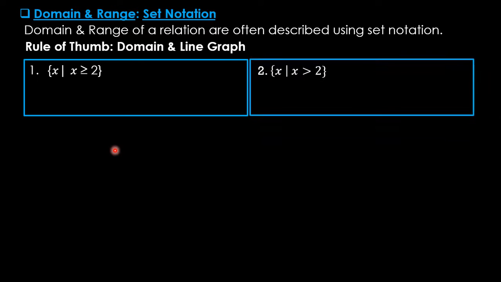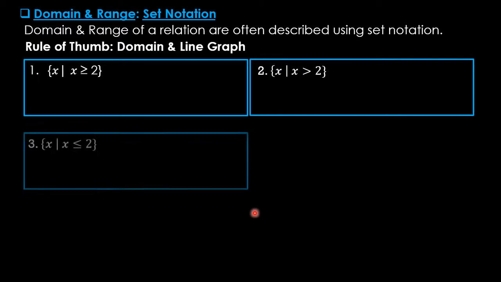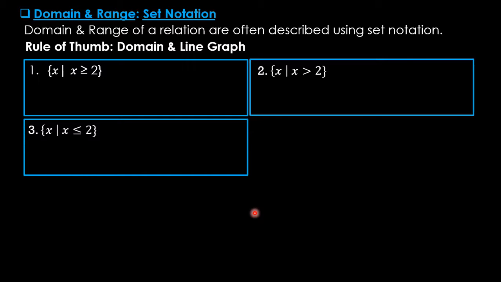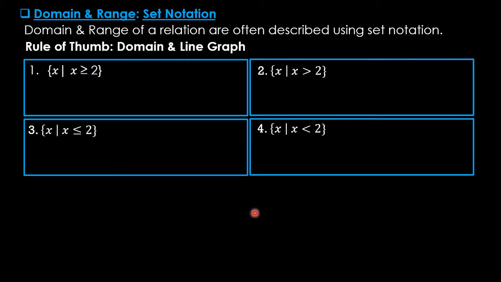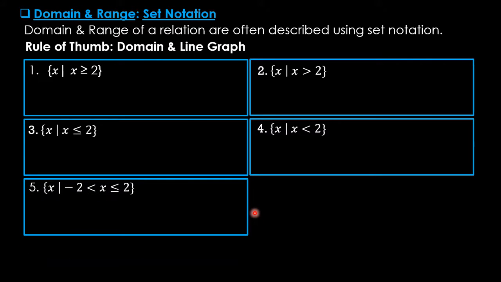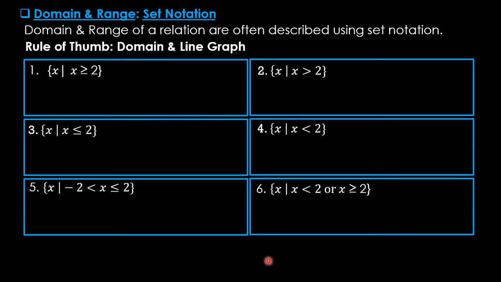Another example, the set of all x where x is greater than 2, the set of all x where x is less than or equal to 2, the set of all x where x is less than 2, the set of all x where x is greater than -2 but less than or equal to 2, and the set of all x where x is less than 2 or x is greater than or equal to 2.